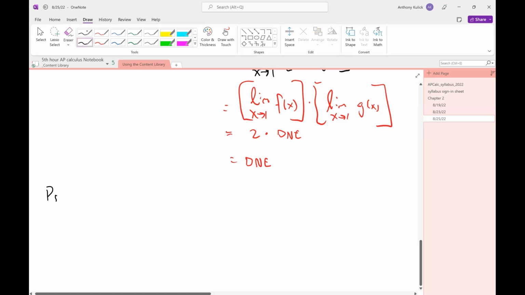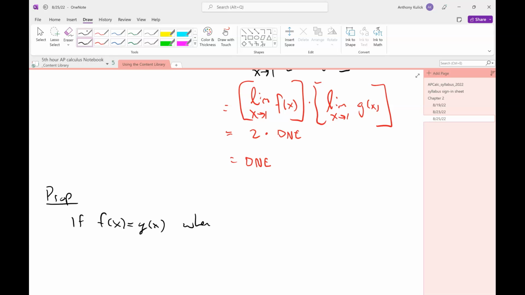So, simple little proposition here. If f of x is equal to g of x when x is not equal to a, so at every point other than a these two functions are equal, what should we be able to say about their limits?